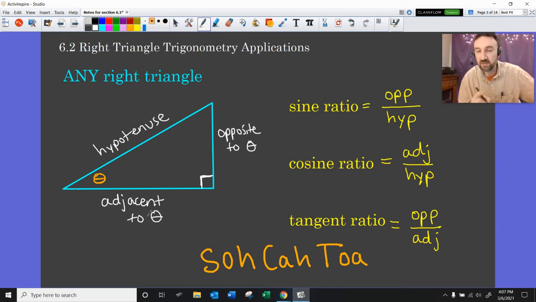So some people use this. I tend to actually set up proportional triangles, and I'm going to show you how to think about that, because I think it's helpful to have more than one way to do these.